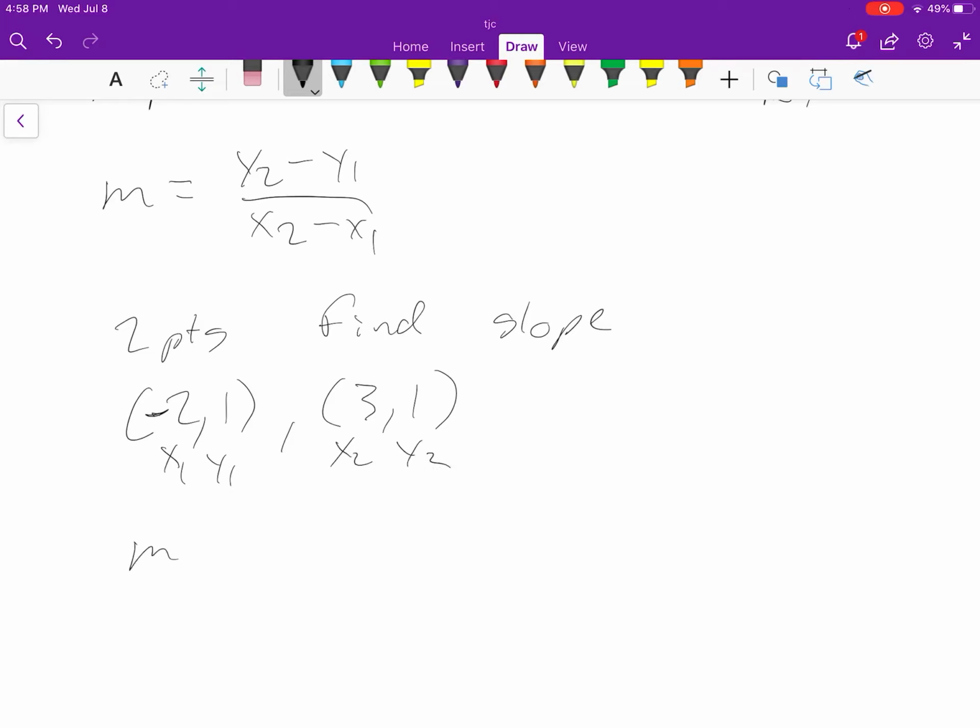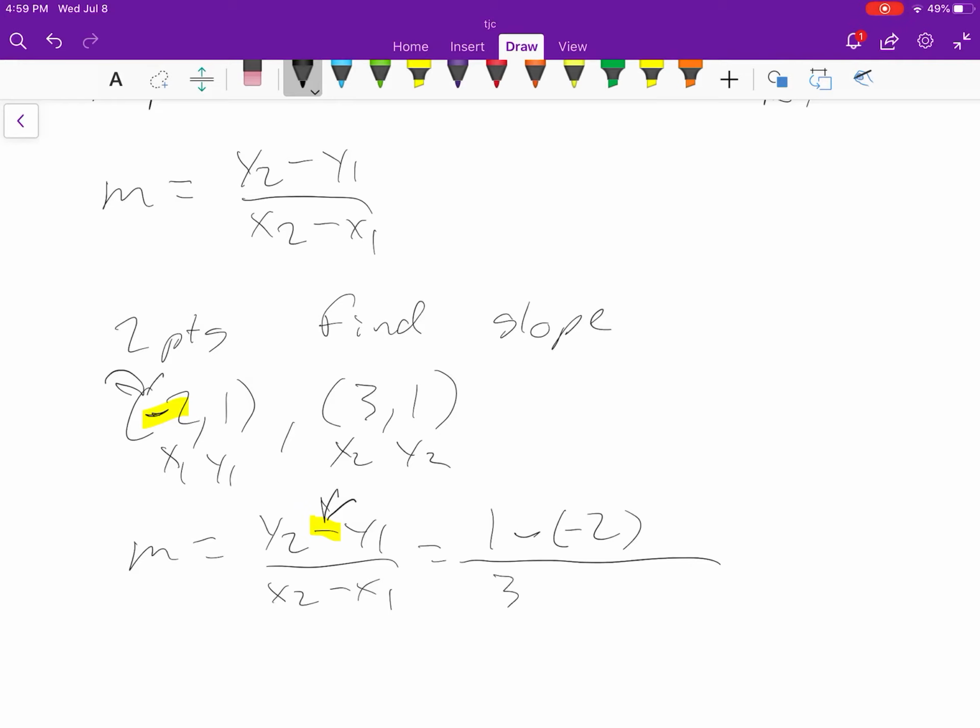So the equation, which you have to have memorized, is that, and you plug in y2 is 1, and then we have a minus here, and we have a minus here. So then you plug in minus a minus 2. So 1 minus is from here, 1 minus is from there. All over x2, which is 3, and then we have another minus here, and then x1.